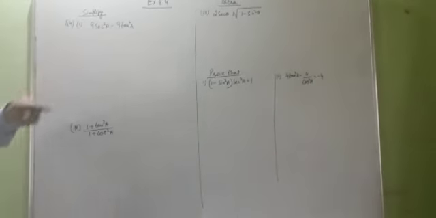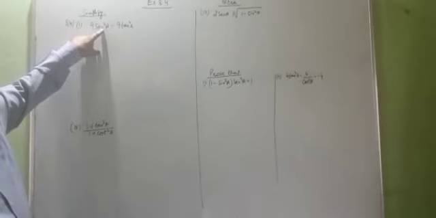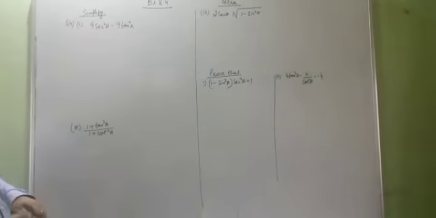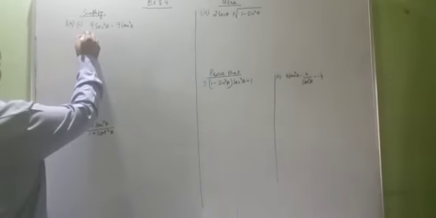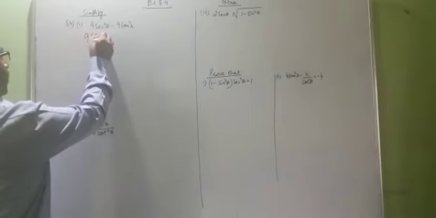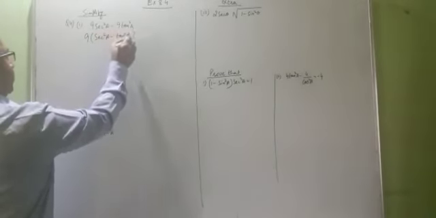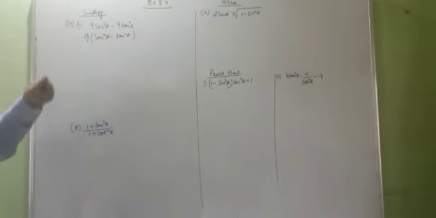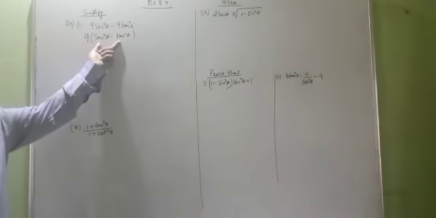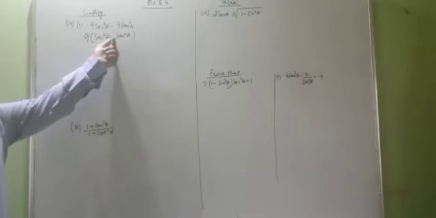The first question is 9 secant square A minus 9 tan square A. Take out 9 common: secant square A minus tan square A. This is the easiest question, already in the standard form, so the direct identity can be used.